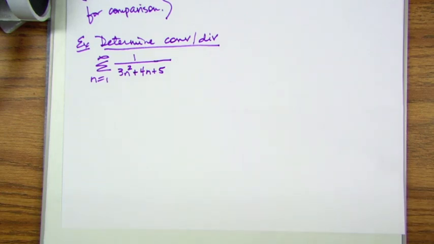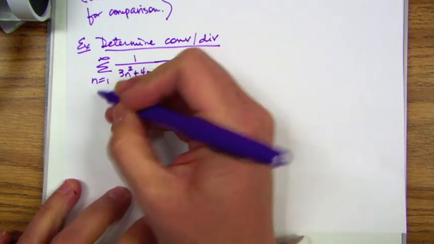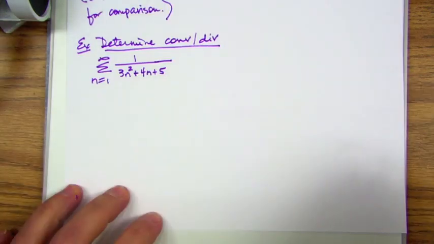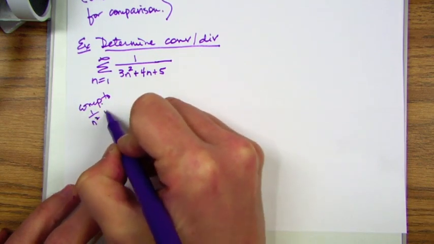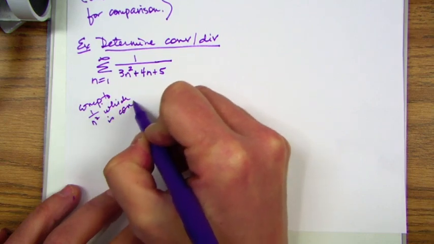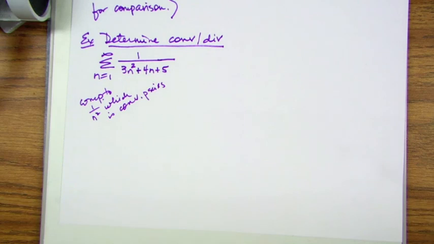Some of you are convinced that it's smaller and that it will converge, and that's fine. But if you're not, then you want to do a limit comparison test to prove it to yourself. So I'm going to make myself a note here as I go through the problem, because it's important that you remember if what you're comparing it to converges or diverges. So I'm going to compare to 1 over n squared, which is a convergent p-series. Again, I'm just making myself some notes, writing down the thought process I would be going through if I were doing this problem.